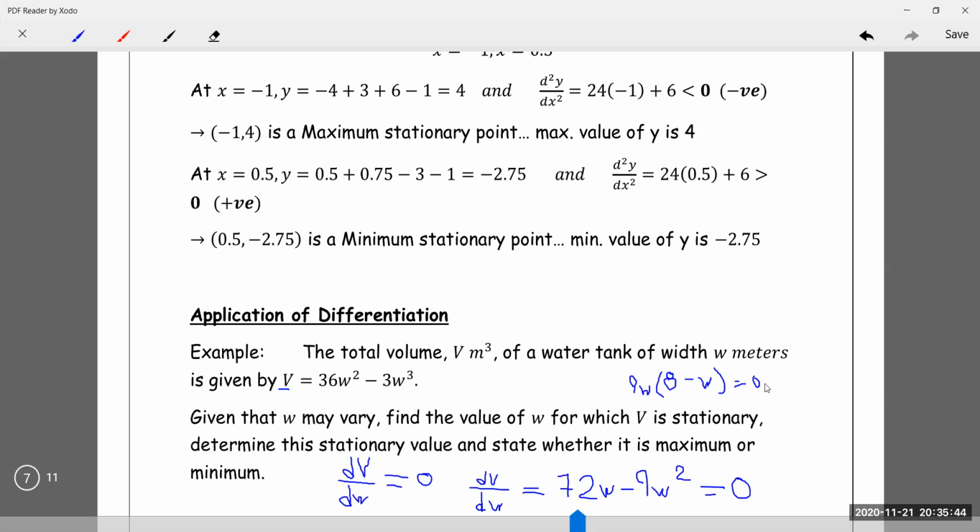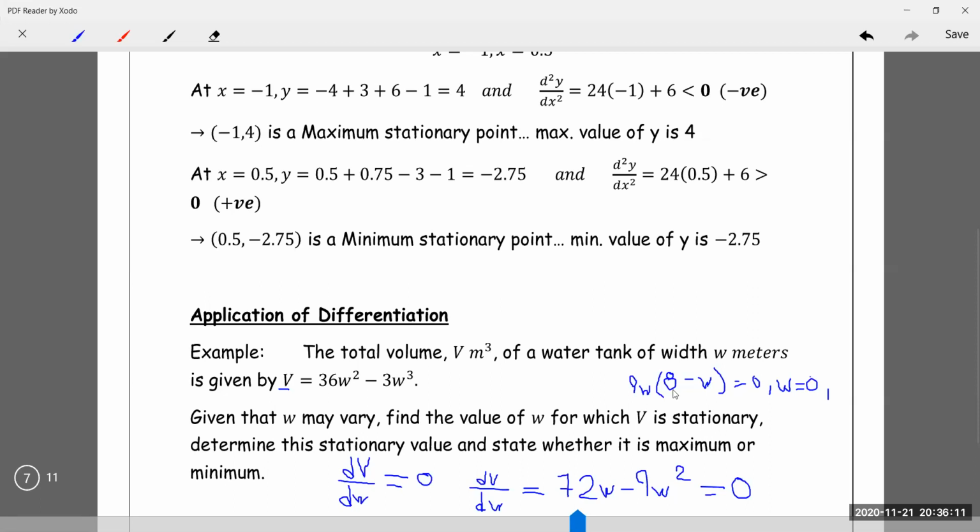So what does W equal now? W equals 0, because you have 9W equals 0, so W equals 0.